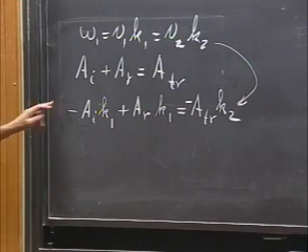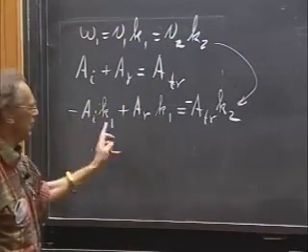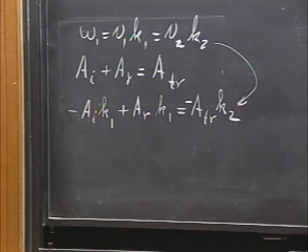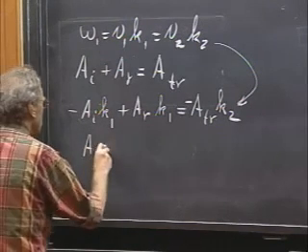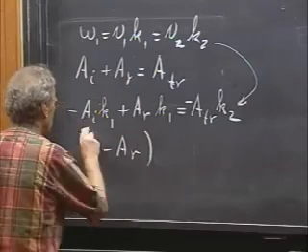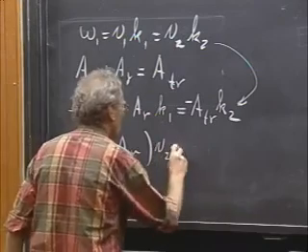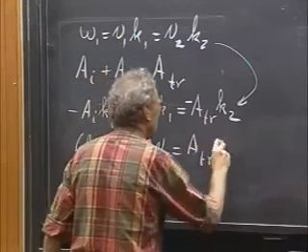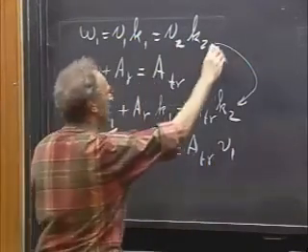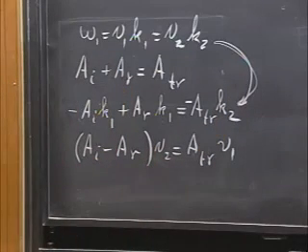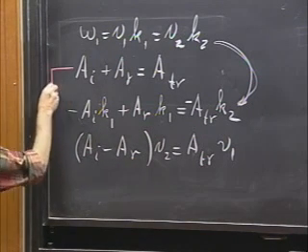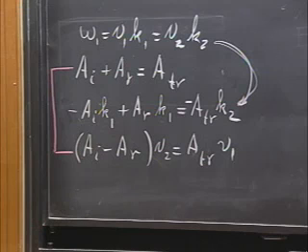You see that? So you take k1 divided by k2, and you get rid of your k's. When you do that, you get A_I minus A_R times v2 equals A_T times v1. That is simply combining these two. And now all you have to do is calculate the ratios of those amplitudes from this equation, one equation with three unknowns, and the second equation with three unknowns.